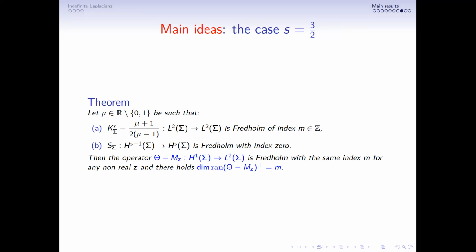Okay, so there we see how the Fredholmness of this operator is related to the Fredholmness of this operator. So the result that I showed you in the application is exactly the situation where we have some information about the essential spectrum of the Neumann-Poincaré operator.